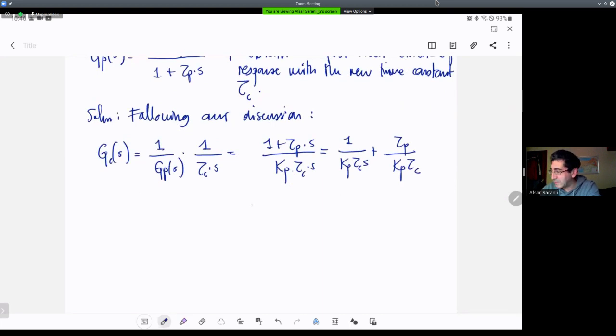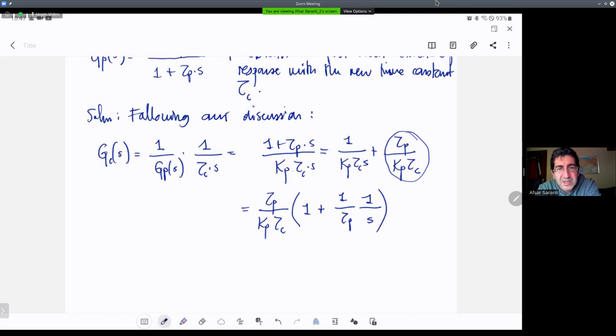Now I'm going to take tau p over Kp tau c into parentheses with respect to this term over here. So within parentheses I have 1 plus 1 over tau p times 1 over s. So can somebody tell me what this is?